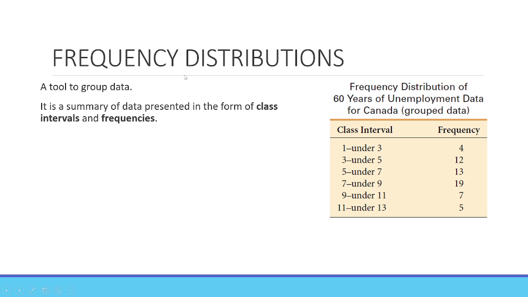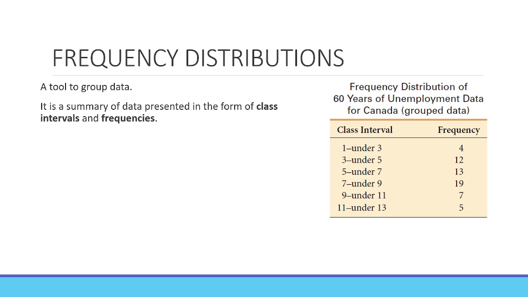Now comes frequency distribution. What we did to get grouped data from ungrouped data is called a frequency distribution. What is frequency distribution? It is a tool to group data. So we have raw, large data to handle, and we cannot bring out meaning from unorganized raw data.